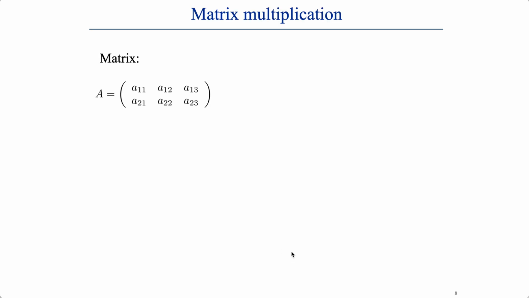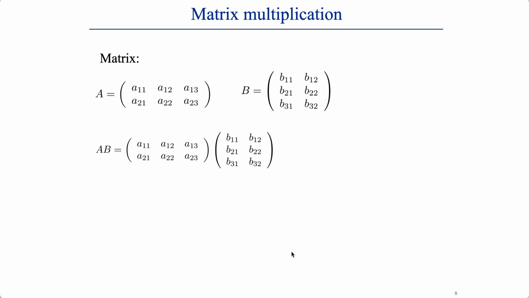Okay. What if we're doing matrices instead of vectors? Well, the same rules apply. AB is going to have the number of rows determined by A and the number of columns determined by B. The thing about matrix multiplication or vector multiplication is that we have to have the inner dimensions matching, right? The number of rows here can be whatever it wants to be, but the number of columns here has to match the number of rows here.